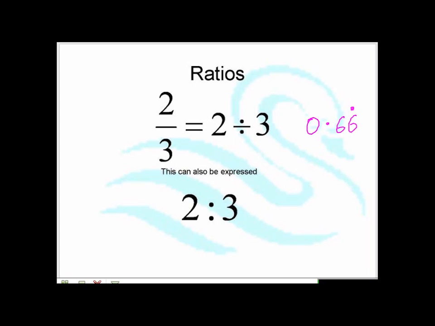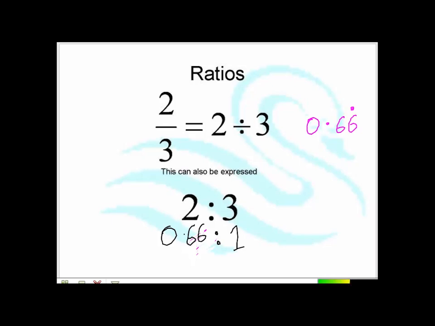0.66. And this ratio here could be written 1... Oops, no, that's wrong. Don't do that, silly machine. This ratio here can be written 0.66 to 1.